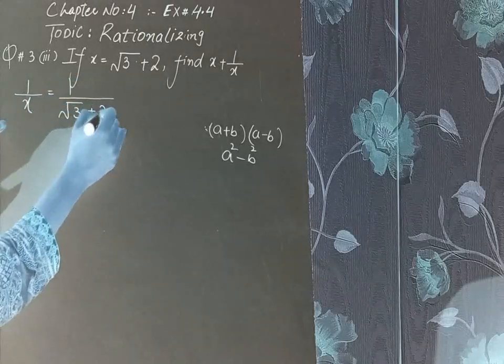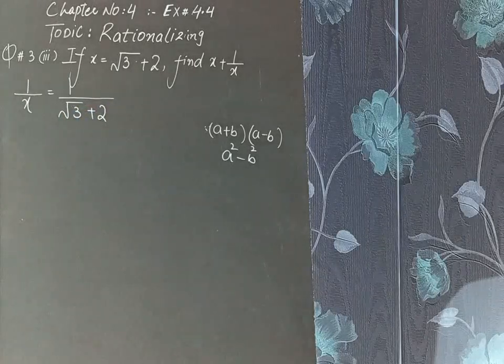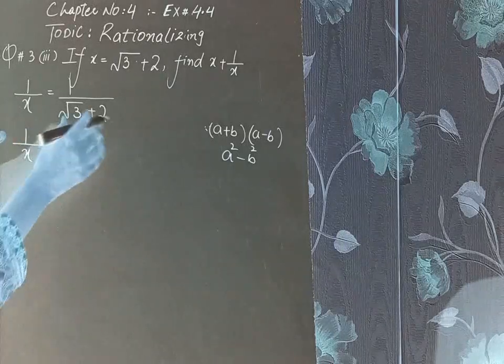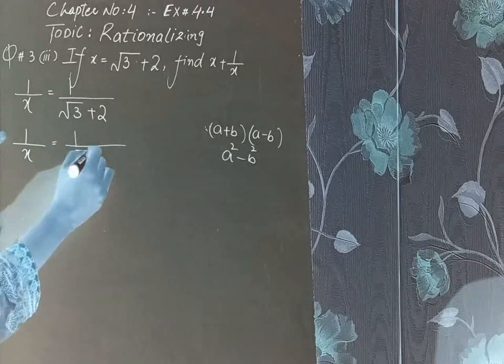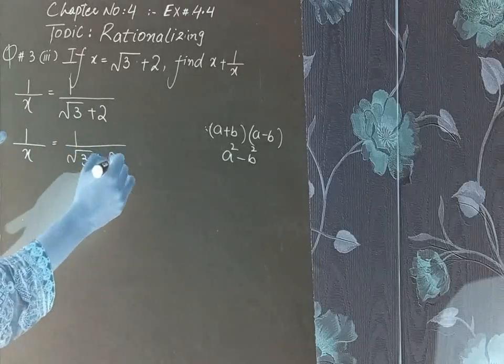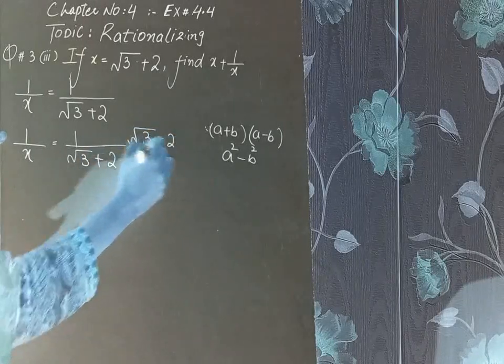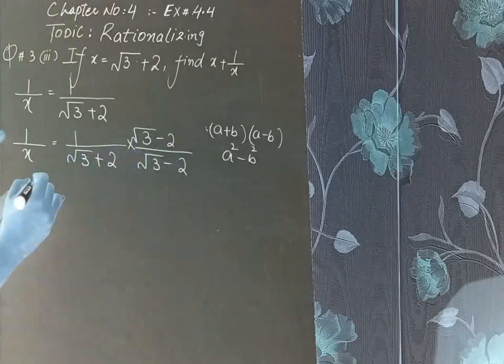x is under root 3 plus 2. In the same way, we will find the value of 1 over x by taking the conjugate of this. Multiply by under root 3 minus 2 over under root 3 minus 2.